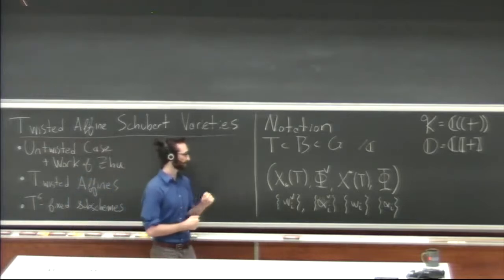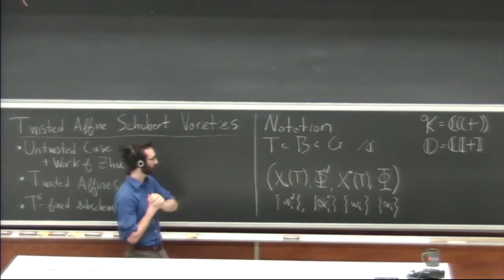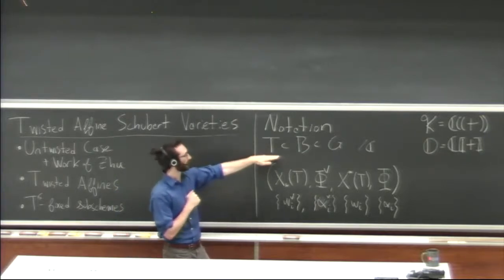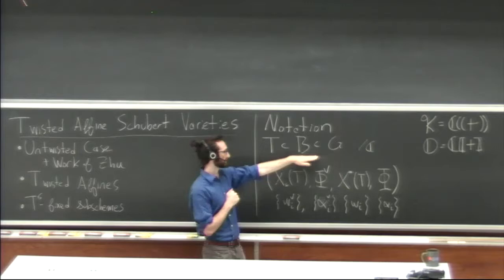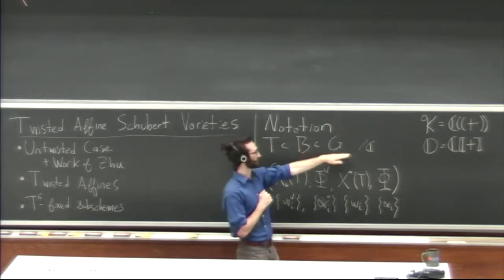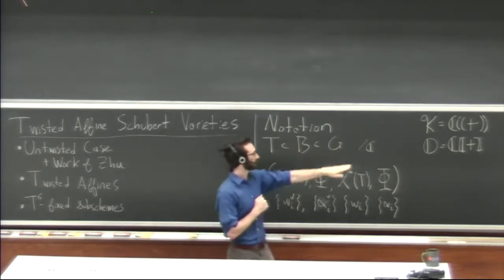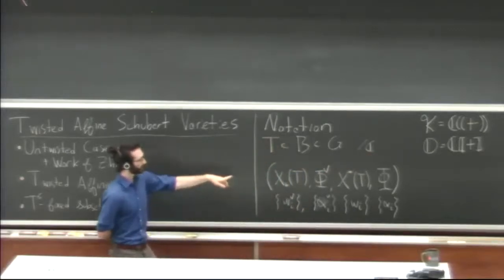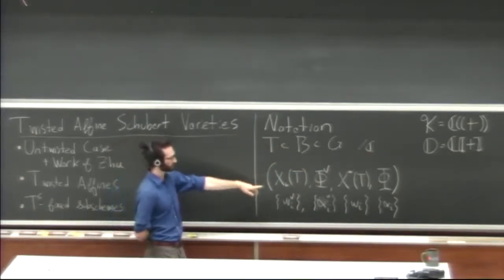So we're going to have the standard notation that you're going to have in any standard Lie theory talk. I'm going to fix a maximal torus inside a Borel subgroup inside of a reductive group G. All of this will be taking place over C. Associated to this is going to be a root datum.